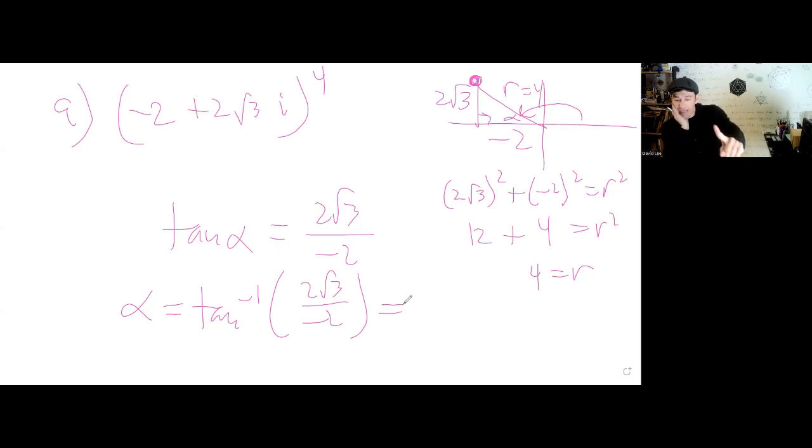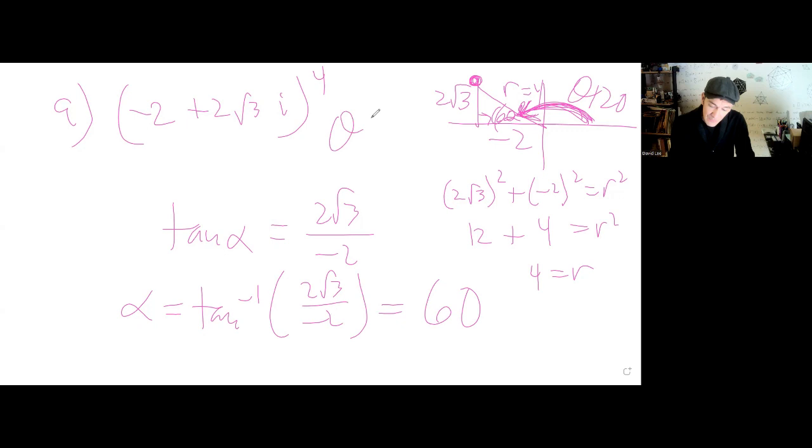And it should say that for alpha, you should get 60. It should be 60 degrees there, which means that theta has to be 120 because the half is 180. So if this portion is 60, then theta, the piece that takes you there, should be 120. So we just found that theta is 120 and that r is 4.